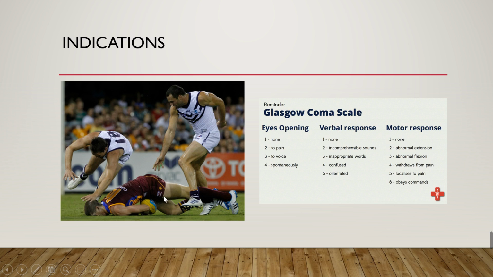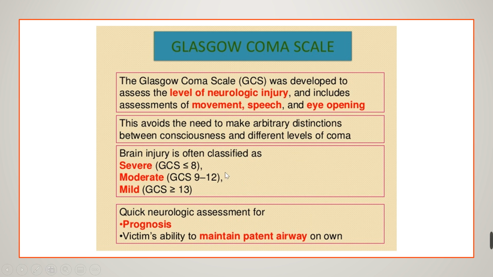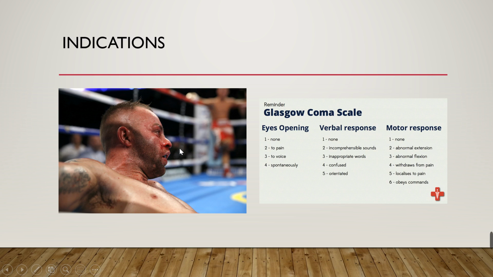So we're always using this because we're trying to figure out, if there is some type of brain injury, to what extent. So you always want to make sure that you're using this scale in those situations. Okay, so let's take a look at this gentleman. Eyes opening: either to pain, to voice, or spontaneous.